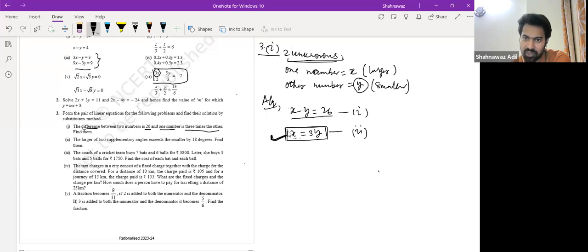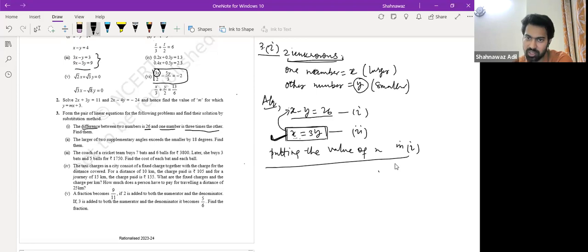So we can just put this value in this equation. So putting the value of x in the first, so this would be how much? 3y minus y is 26. Yes. So 2y is 26 and y is 13.